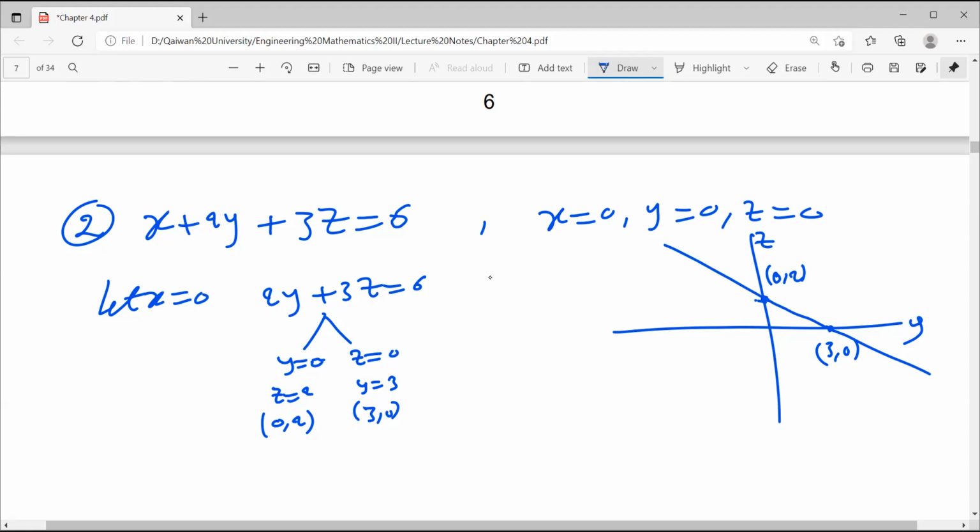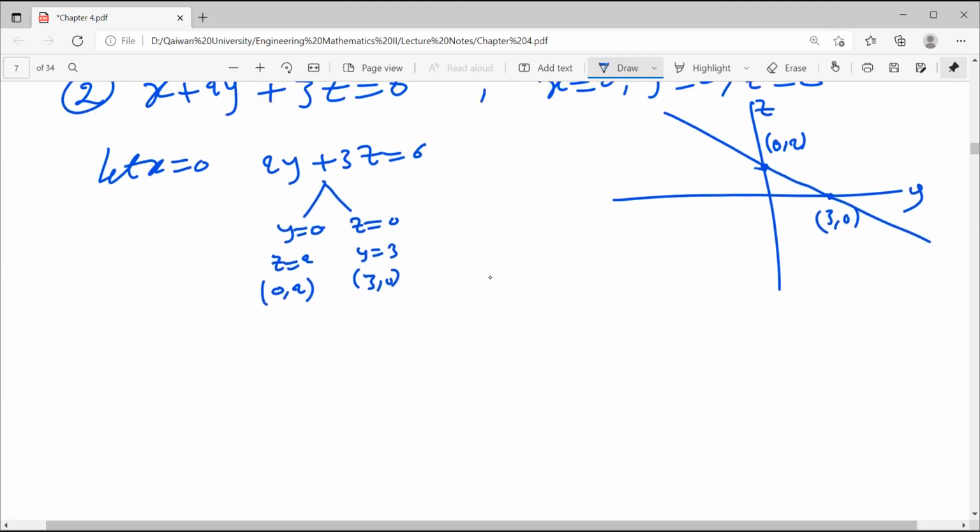And if y to be 0. Let y to be 0. If y to be 0, we get x plus 3z equals 6. Here we do the same.